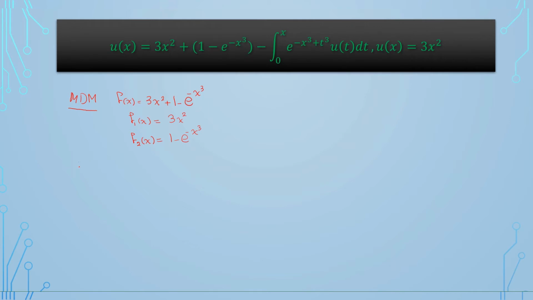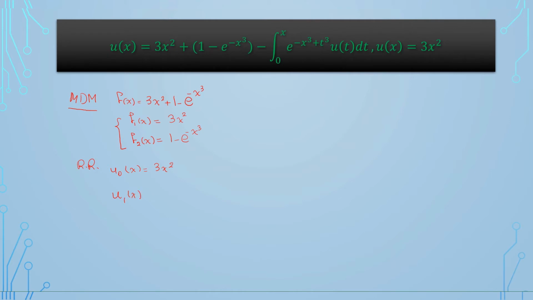So the recurrence relation will be u0 of x equal to f1 of x, which is 3x squared. Remember, those are optional. You divide them the way you want.